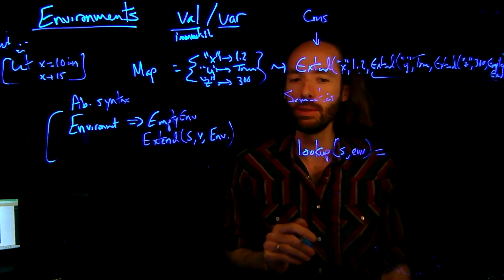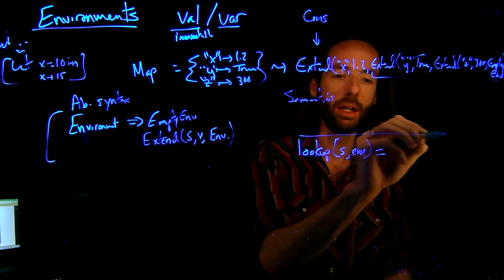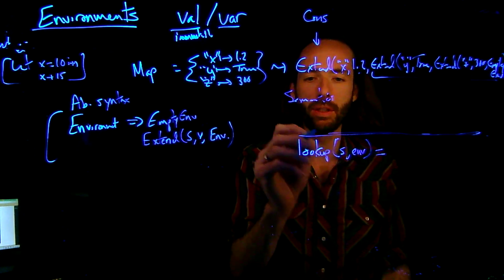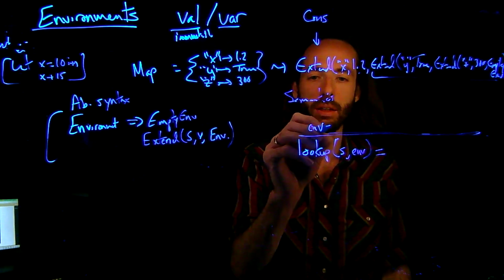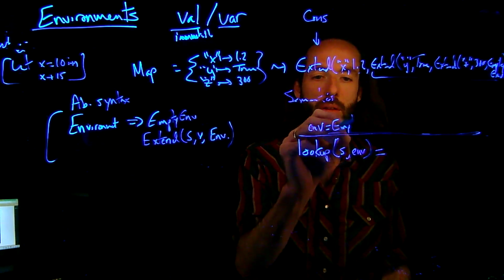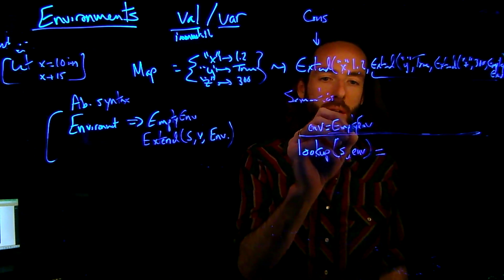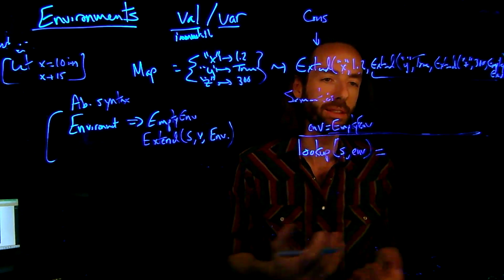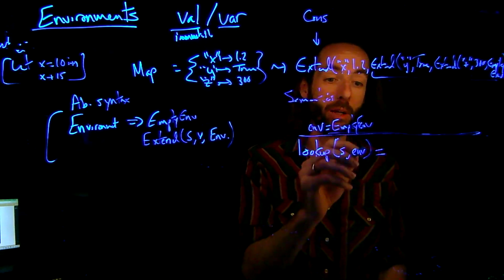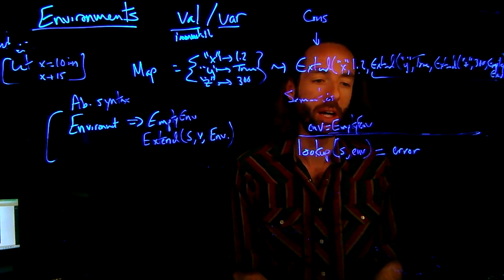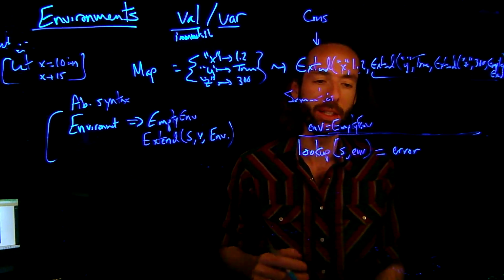Well, what are some options? Right, so one case is, what happens if env is the empty environment? Well, there's obviously s does not exist in the empty environment, nothing exists in the empty environment. So we want to return an error, right? We just try to look up a variable that doesn't exist.